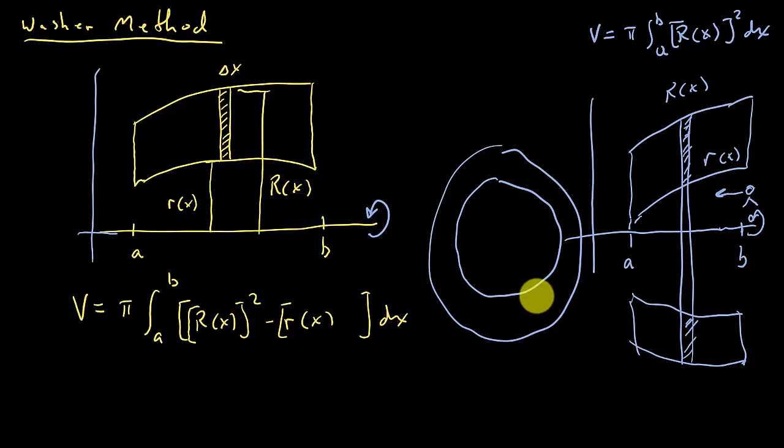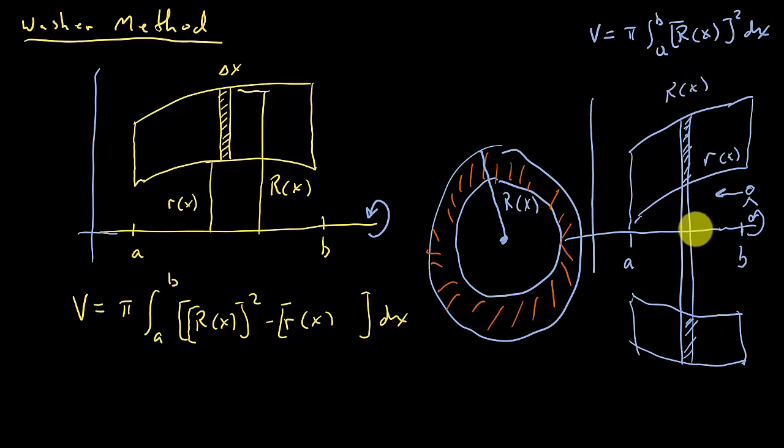All right, so the area that I'm looking for is actually, let me just go ahead and put that in there. See, this right here is the area that I'm looking for. All right, so if I'm looking for that area, I need the radius out to the big circle. That's R of X. See, that's our function there.